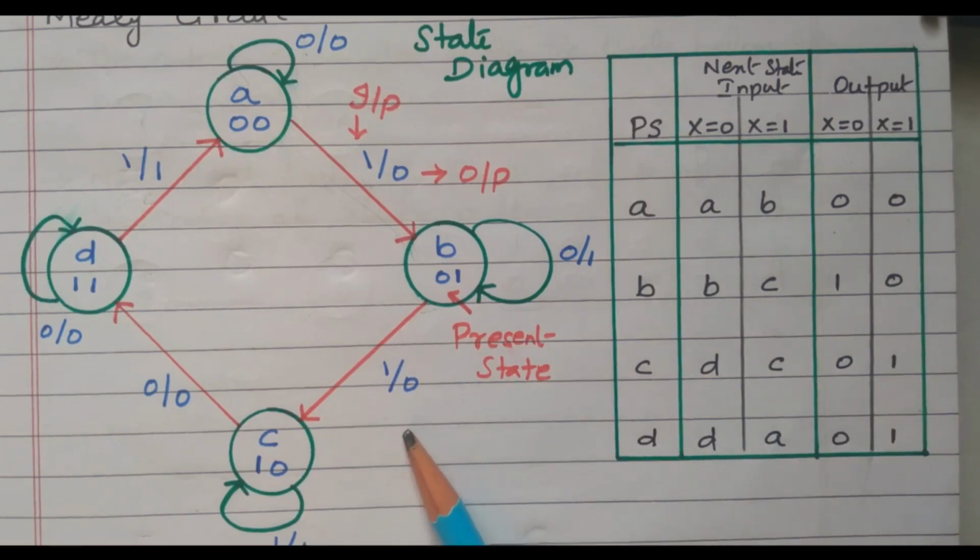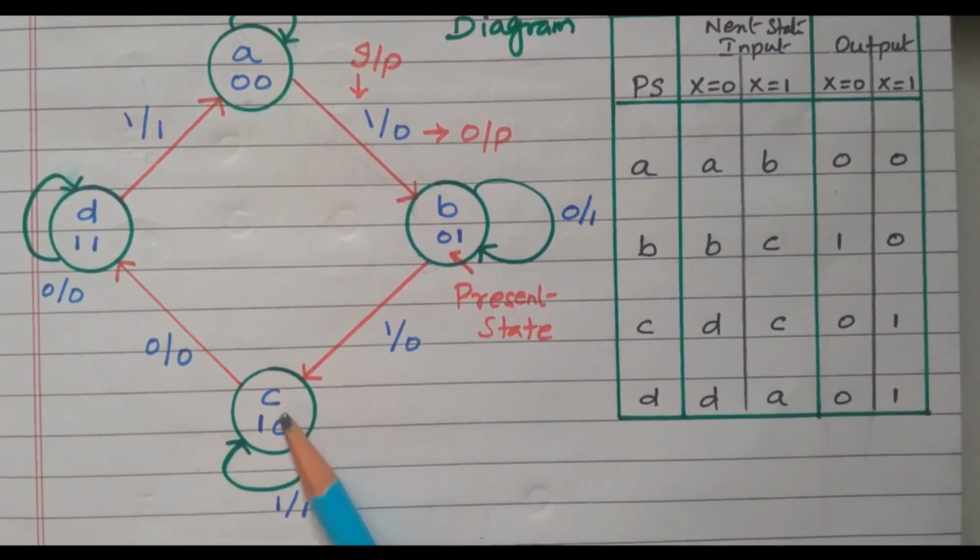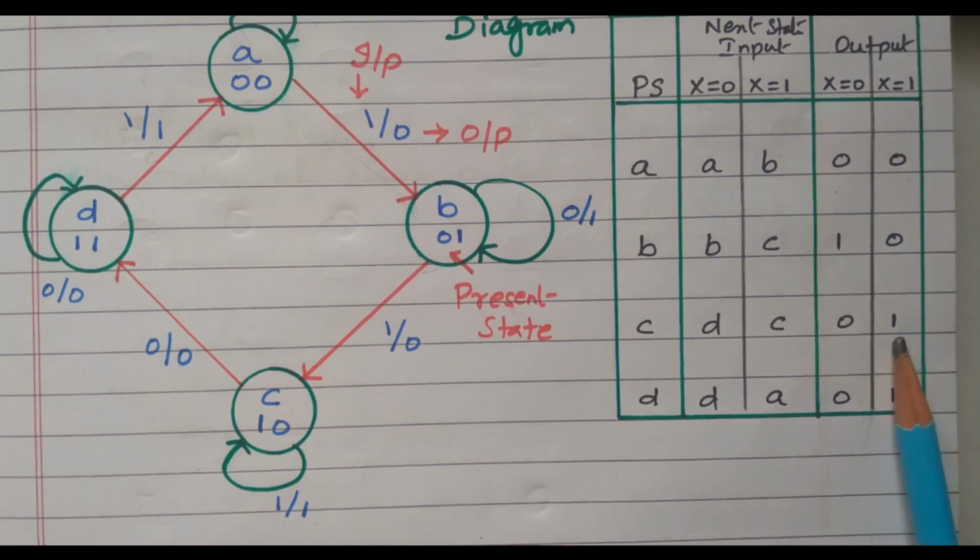Now, we will go to the third state, C, right. First we will see this. For x equal to 1, C goes to C itself, and the output is 1, right.